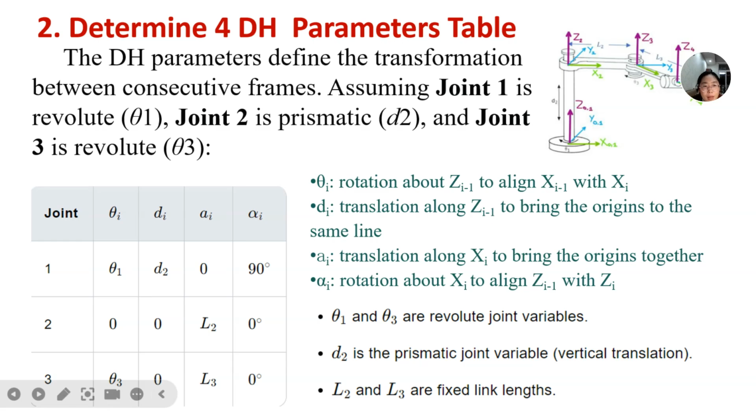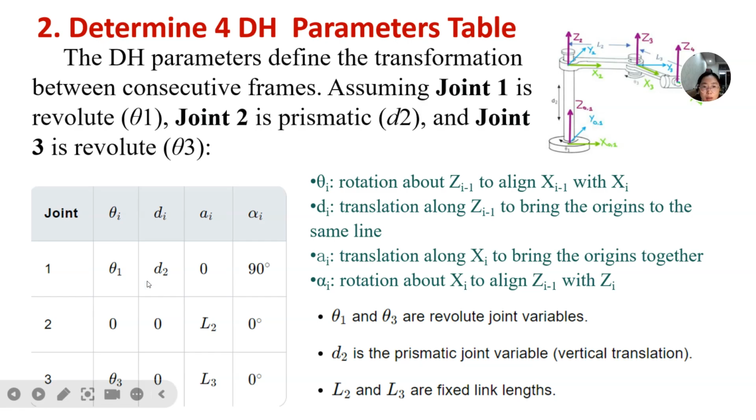About this table, theta 1 and theta 3 are revolute joint variables, like the picture shows.